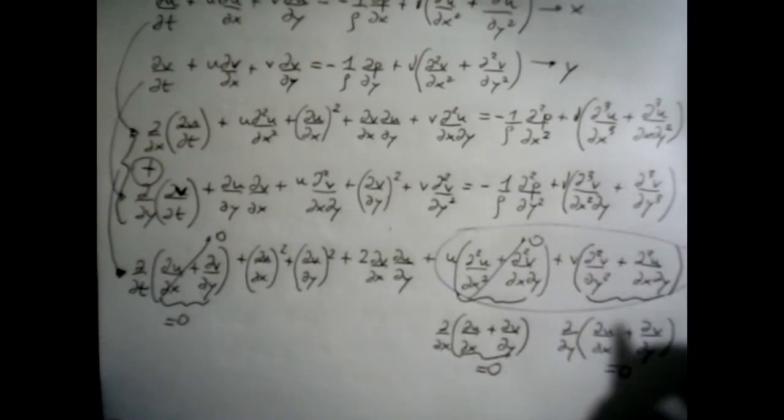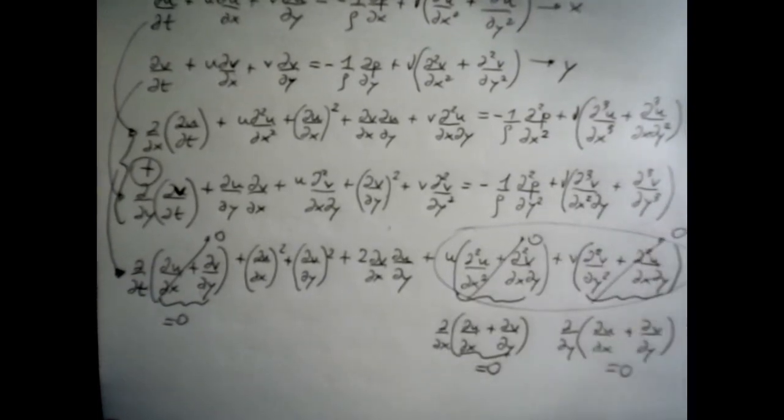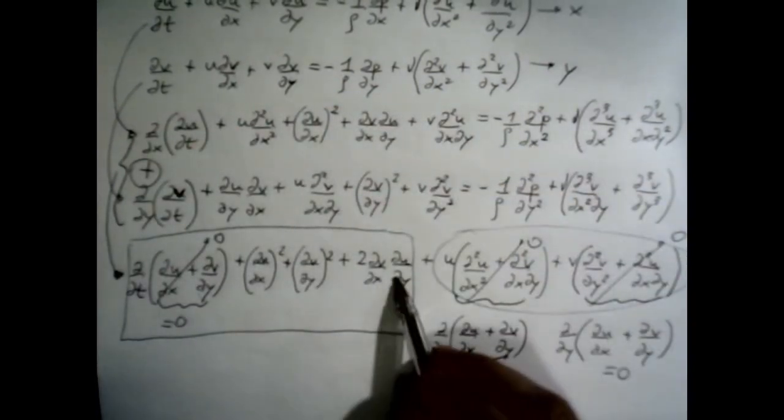And here we have d dy of du dx plus dv dy, which is also 0. So these two terms here vanish. Okay, so on the left hand side what we are left with is these terms here.